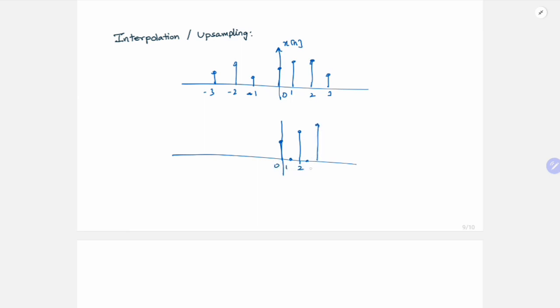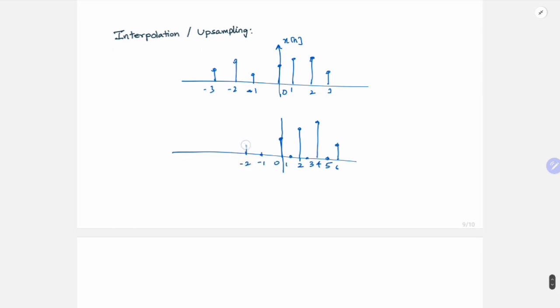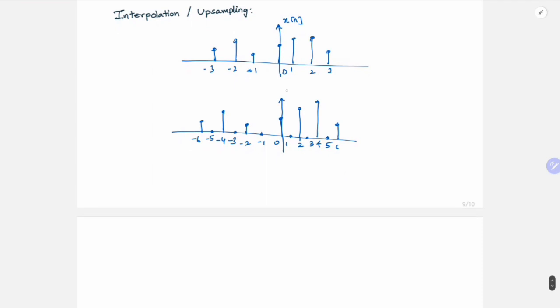So this is 1, 2, 3, 4. This is 0, and this is 6. Similarly, on the negative side, minus 1 will be 0. At minus 2, you will have whatever is at minus 1. Something like this. So minus 5, minus 6. So this will be, let's say, my xp of n.